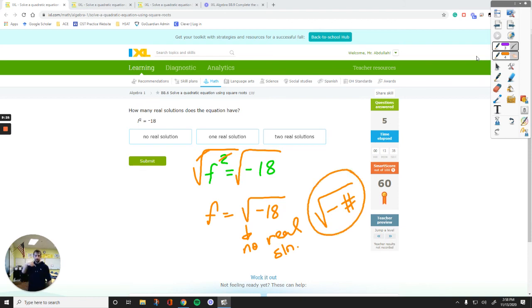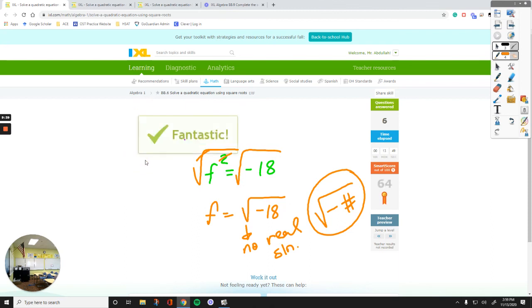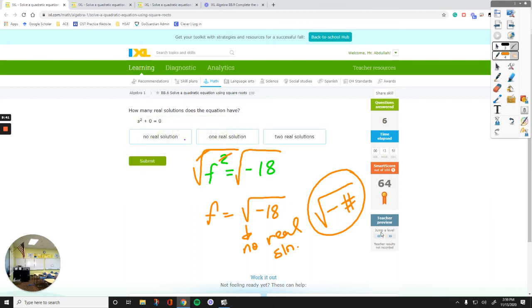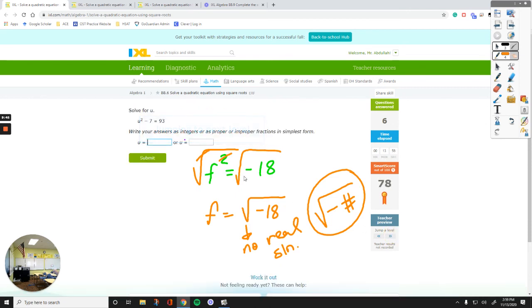All of the other negatives that we had were outside of the radical, or the square root symbol. So when you have a negative inside that square root, there's no real solution. Change it to this. And then there's one real solution for this one. And then two real solutions for that one.